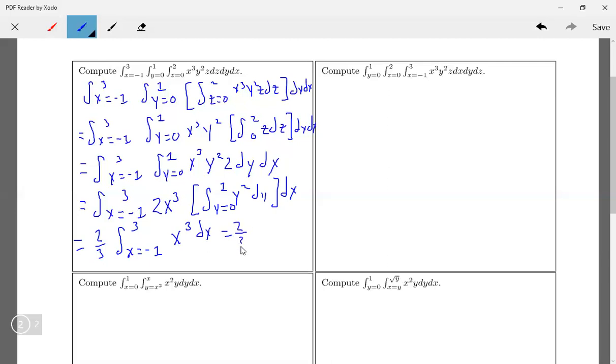This is 2/3. Okay, the antiderivative of x cubed is 1/4 x to the power of 4. So this is 2/3 times 1/4. And now the x to the power of 4 going from -1 to 3. This is 3 to the power of 4 minus -1 to the power of 4, so that's -1.